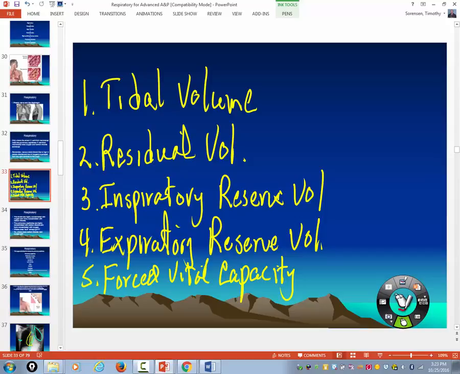So that's why it's referred to as forced vital capacity or just vital capacity. What are these terms for? These terms are to understand the pulmonary function curve. So to understand the pulmonary function curve, you first have to understand some of these terms.